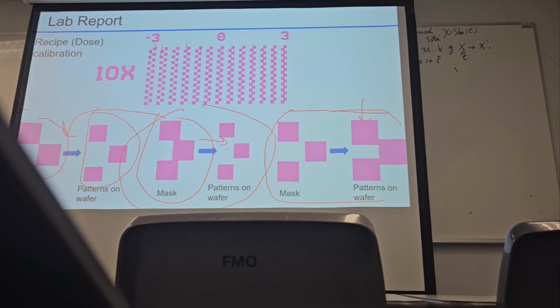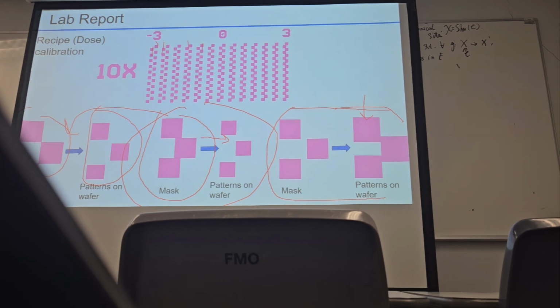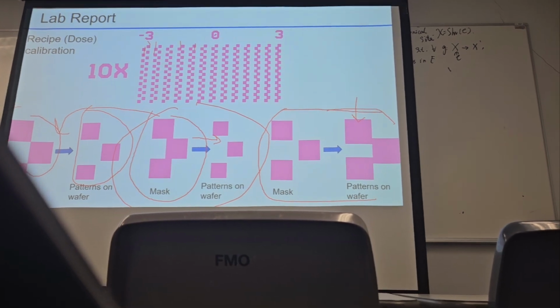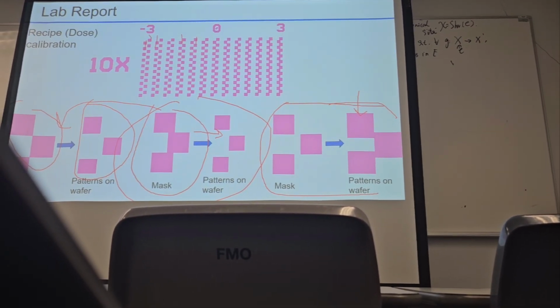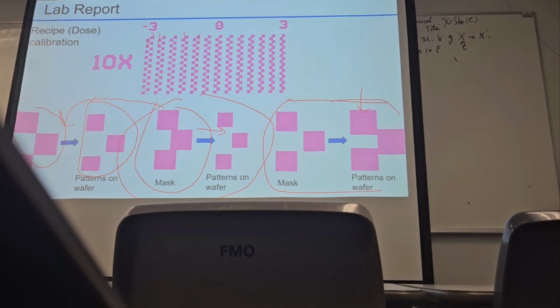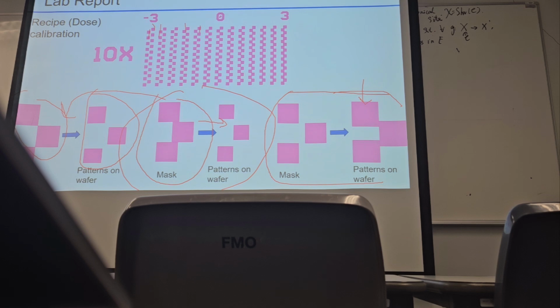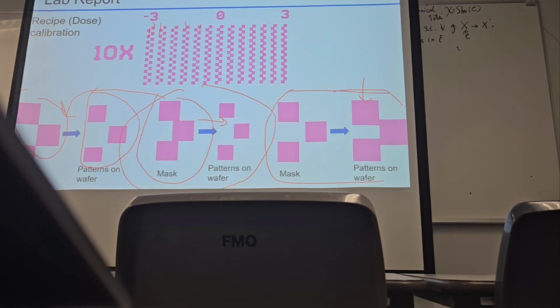Positive PR and negative PR have different behavior, so to discuss this we always need to specify the type of mask and the type of PR. Over means the DOS is large. Under means the DOS is small, smaller compared to the optimum. So it is true that the same pattern under different mask and PR can be called overexposing or underexposing, based on the type of PR and mask.